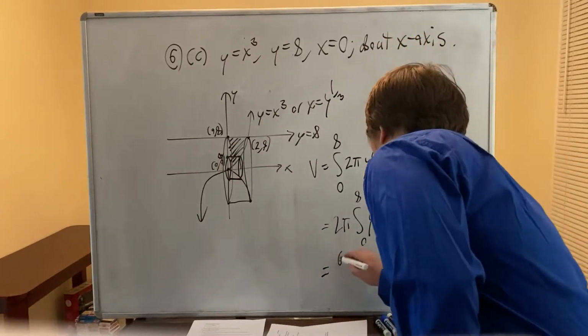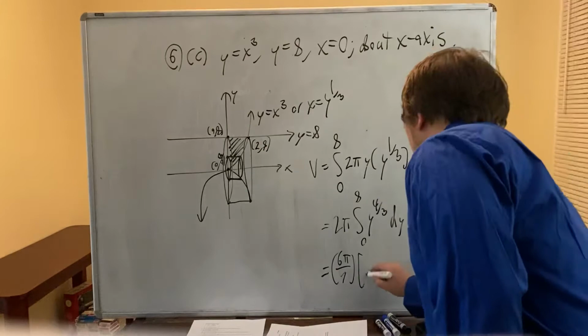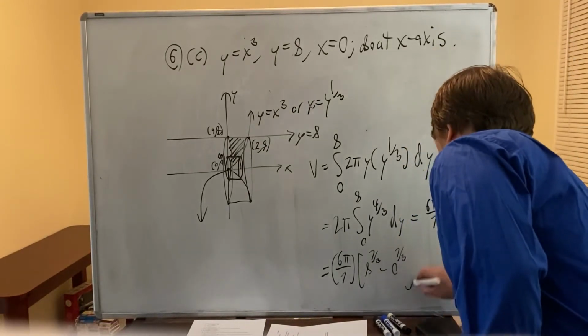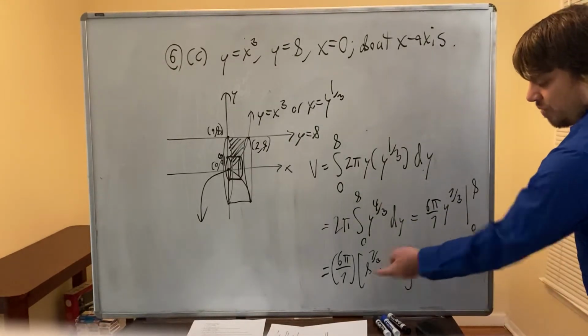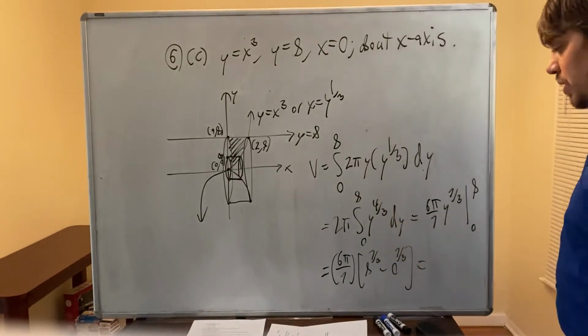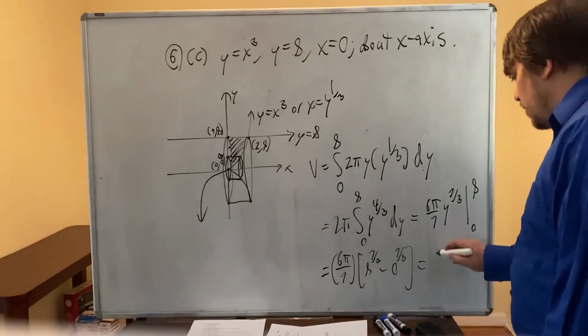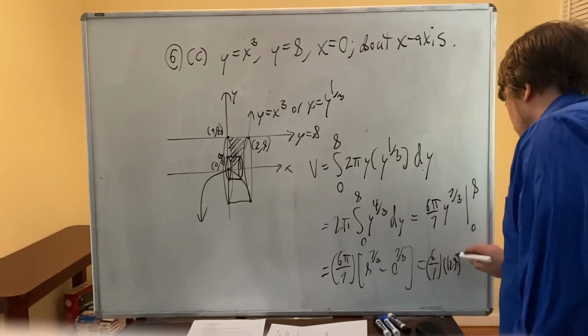This is equal to 6 pi over 7 times 8 to the 7/3 minus 0 to the 7/3. The cube root of 8 is 2, and 2 to the 7th is 128. So 6 pi over 7 times 128.